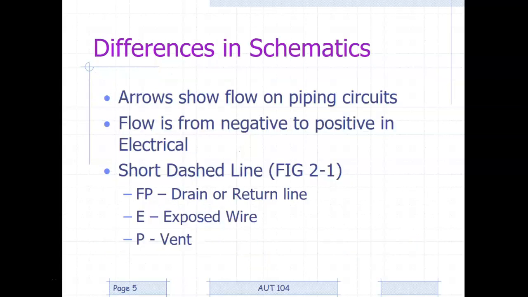So arrows show flow on piping circuits. Flow is negative to positive in electrical. What do we typically think electricity flows from? Is it negative to positive or positive to negative? Our brains tend to tell us, no, it's got to flow from positive to negative, right? Reality is it flows from negative to positive.